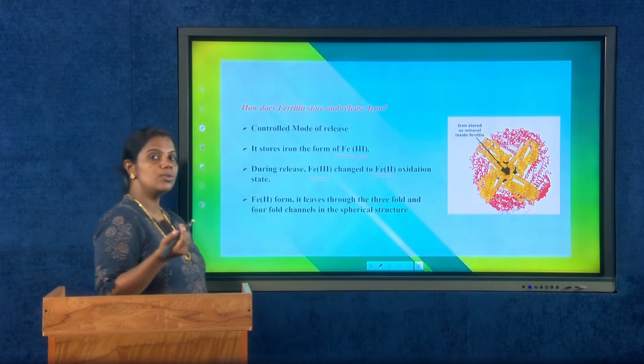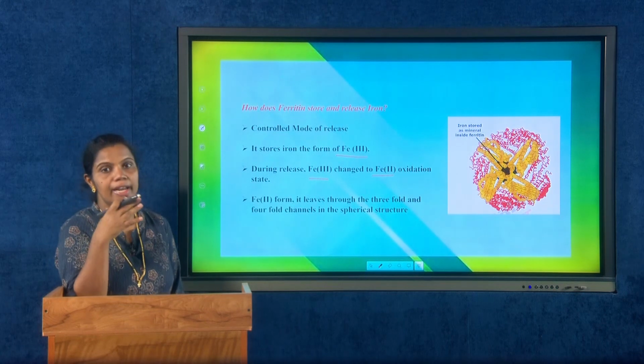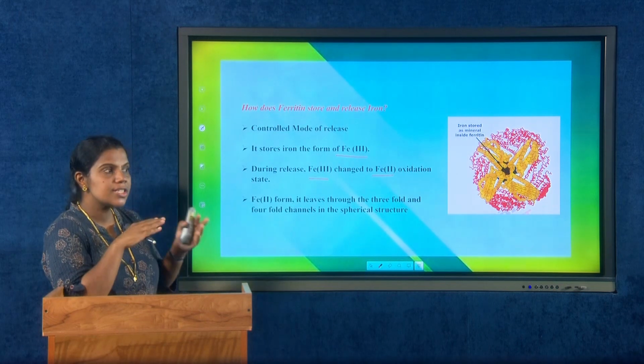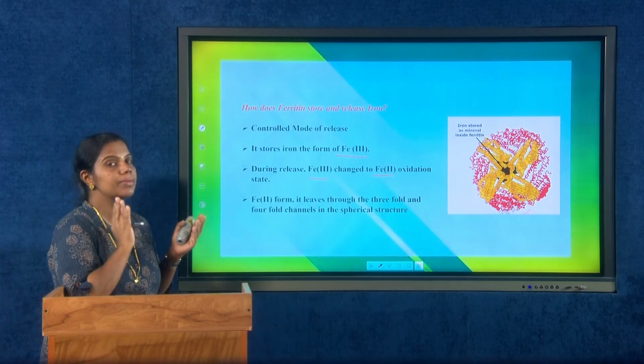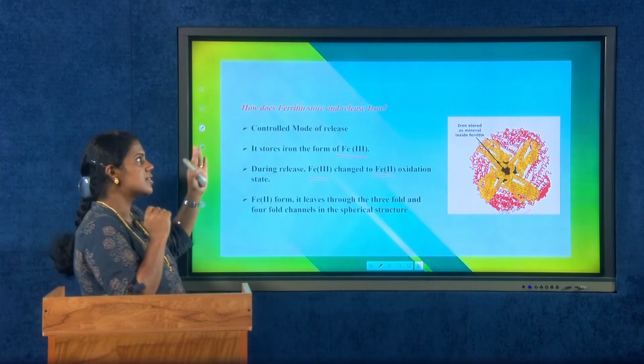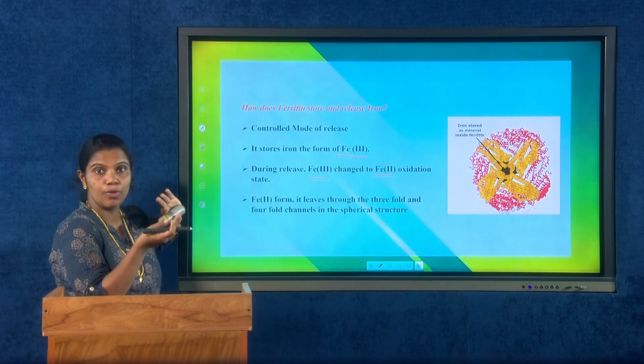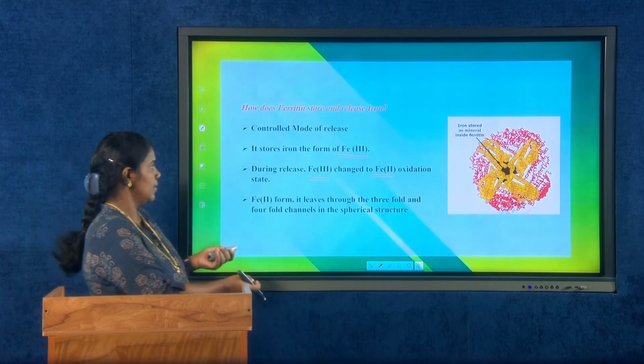The iron 2 form will leave through the threefold and fourfold channels in the spherical structure. So, there is a switching during the release from the iron 3 oxidation state to the iron 2 oxidation state. This is how iron 3+ will move out when required, in the form of iron 2+.